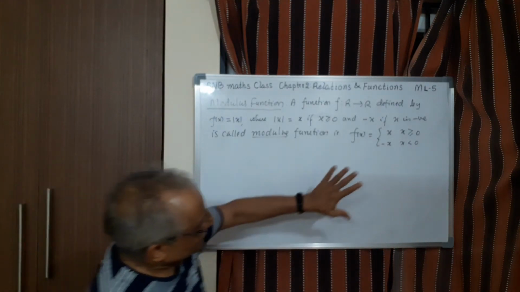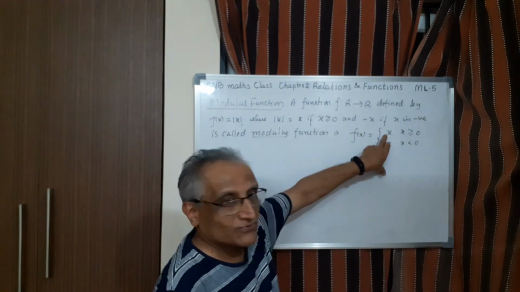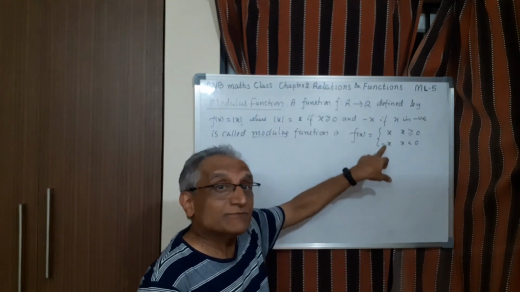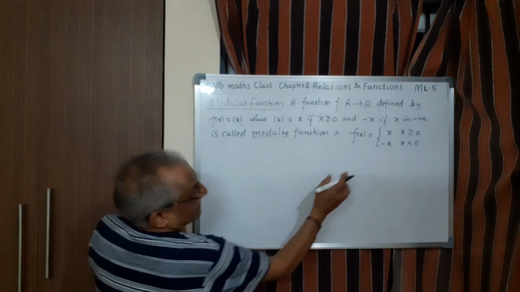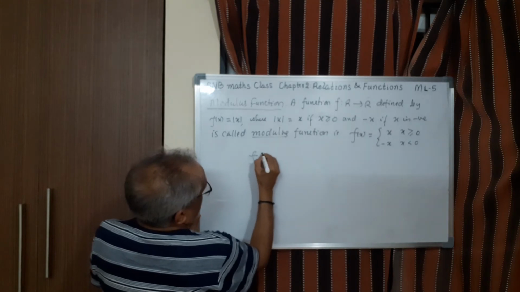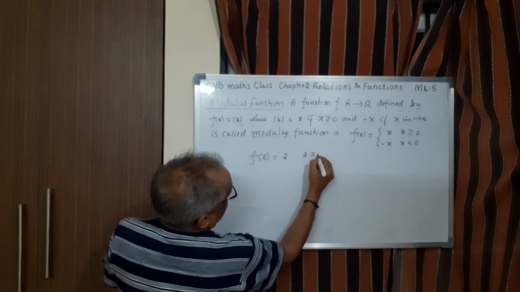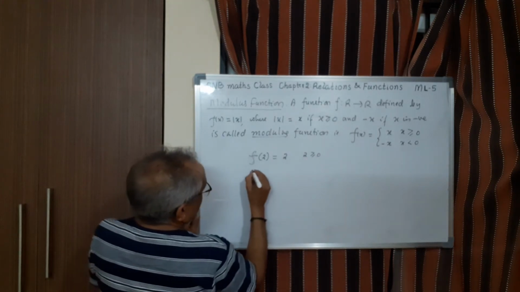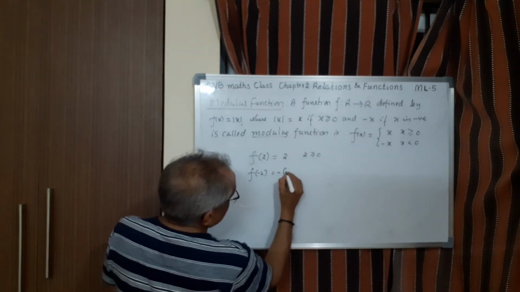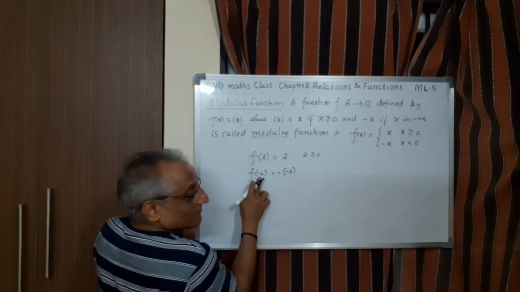See, try to understand this notation. Whenever x is positive, you have to take x only. If x is negative and you take minus x, what happens? Minus x becomes positive. For example, f of 2 is 2 because 2 is positive already, 2 is more than 0. Suppose you take f of minus 2, then what you should write is minus of minus 2, because here minus 2 is x.